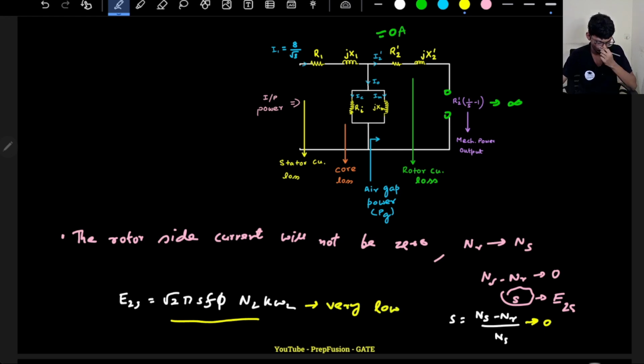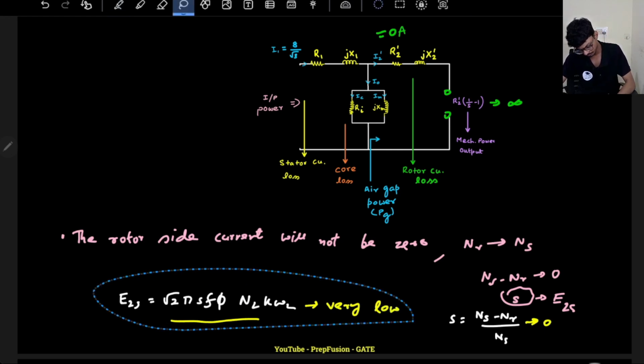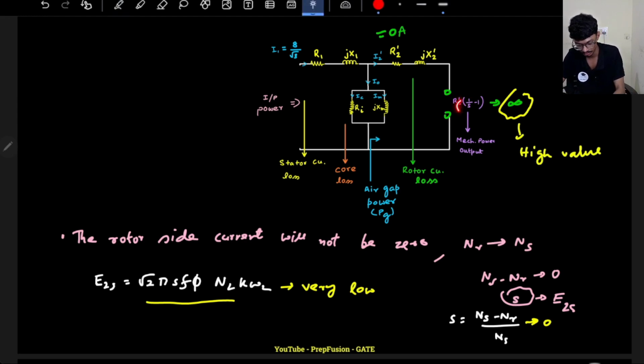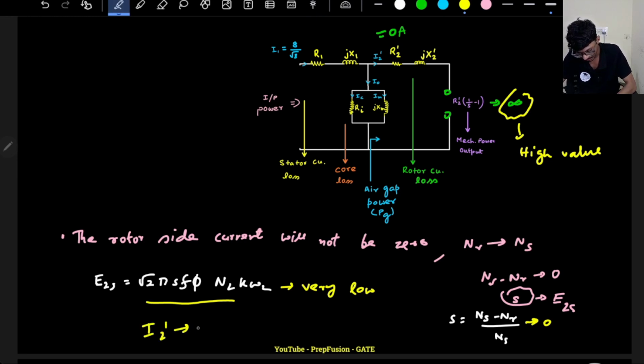If the induced EMF is very low, the current will also be low, though there will be some flux cut. So there will be some rotor current, but it will be almost negligible.